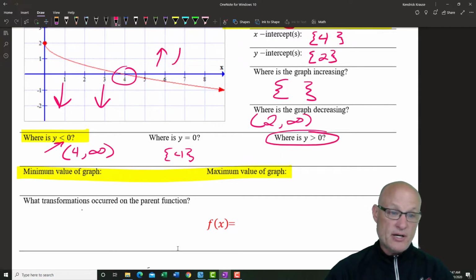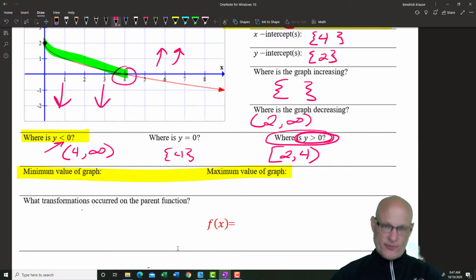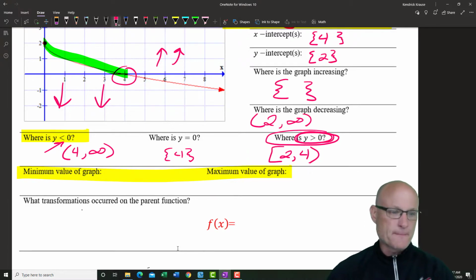Greater than 0 means above the x-axis. Well, it's above the x-axis starting right here and ending here. So it starts at 2, it ends at 4. Now 4 is on the x-axis, and we can't use that because we don't have an equal to. But the 2 we can include. So you got to be careful with those. Those ones are a little bit tricky.